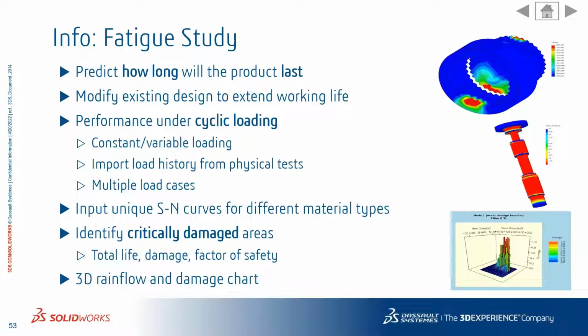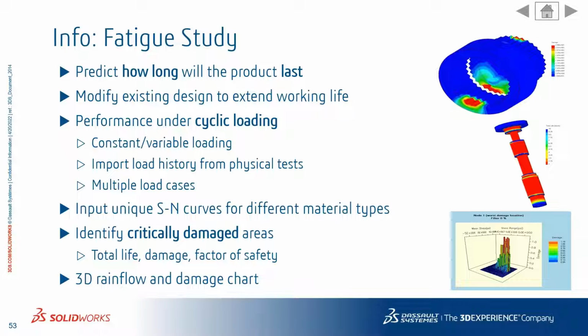So to determine the product durability, we have fatigue analysis. We can go with cyclic loading, constant or variable loading. The constant load means the same load is going to act on a particular area, and how many cycles it is going to withstand the constant load.